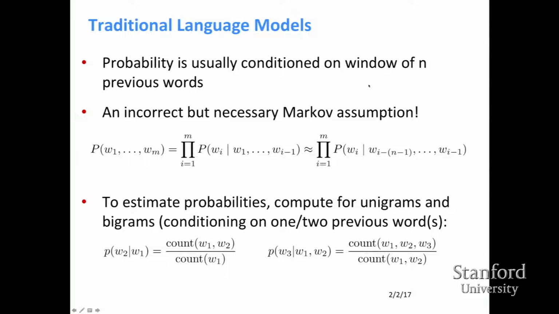So we'll approximate this overall sequence probability with a simpler version. In the perfect sense, this would be the product of each word given all preceding words, from the first one all the way to the one just before the ith one.